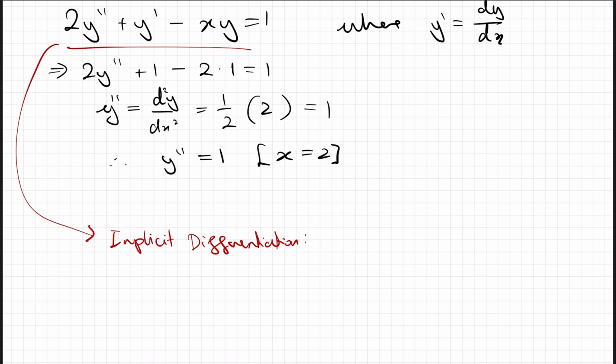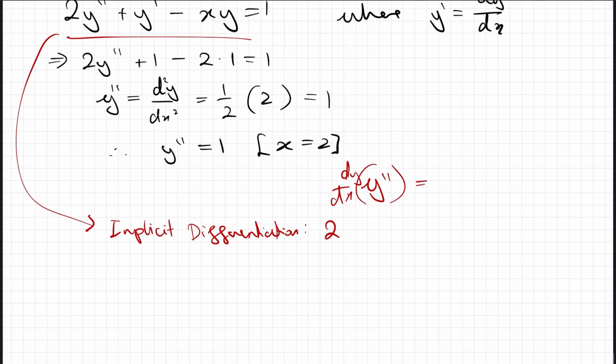To get 2 times, well, the derivative of dy by dx of y double dash is essentially the derivative of just d squared y over dx squared, which is literally just d cubed y over dx cubed.